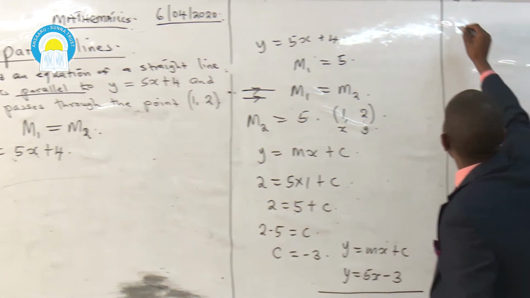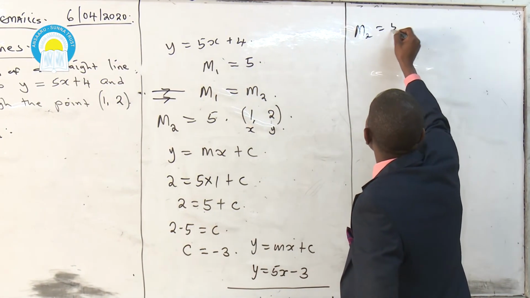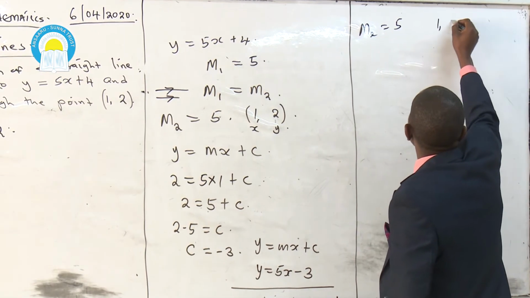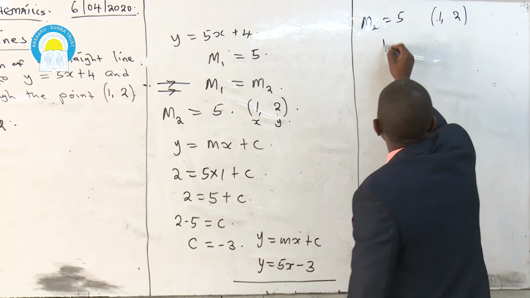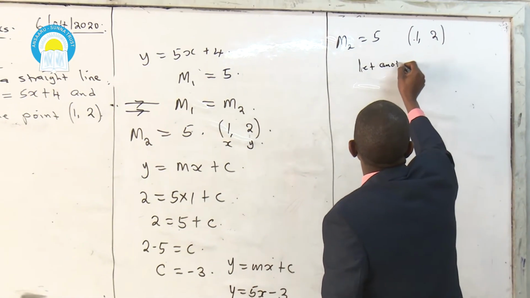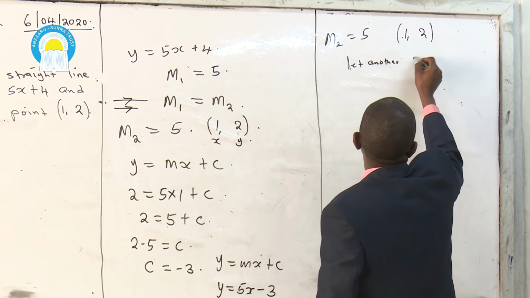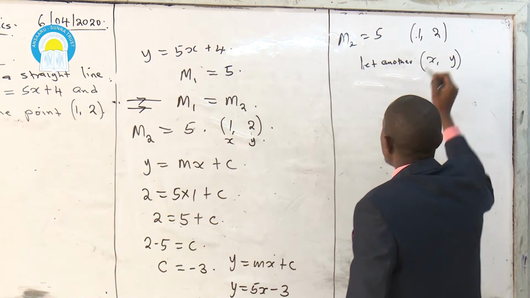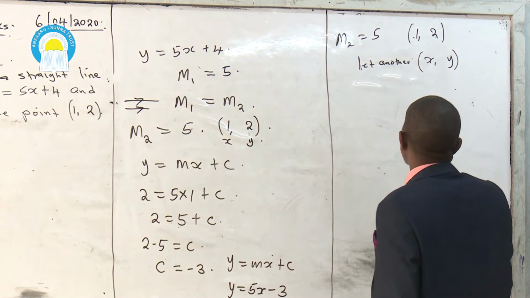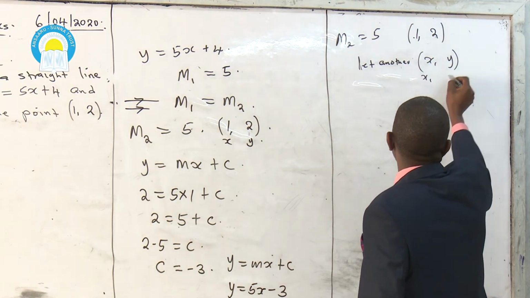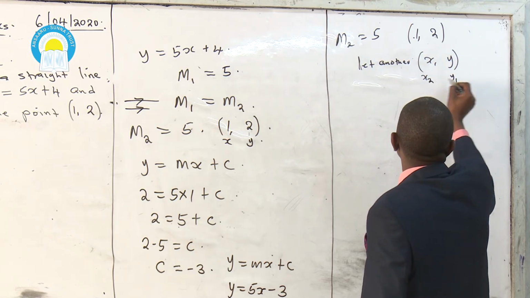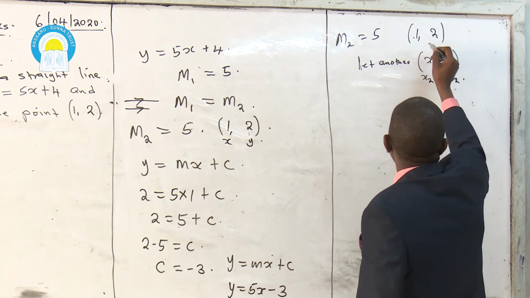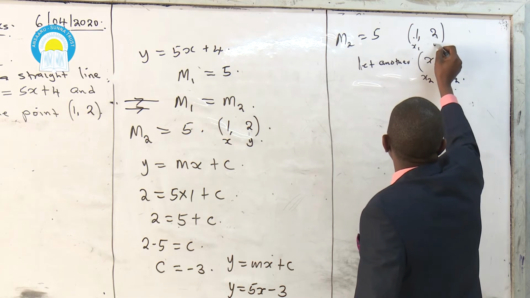Alternatively, when you have the m2, which is 5, and you have the point, which is 2 and 1, we say let another point be x and y. Remember, points are written in coordinate form. So let's refer to this as x2, y2. And this is our x1 and y1.